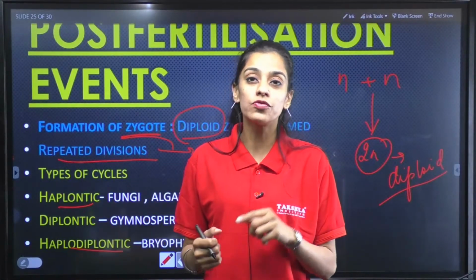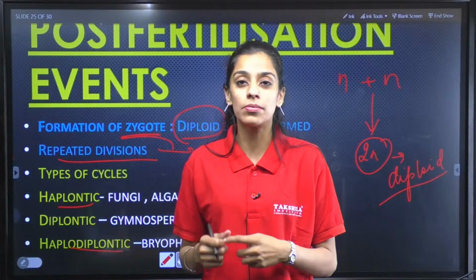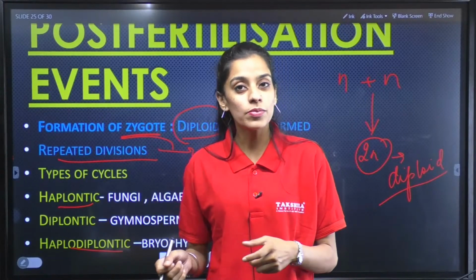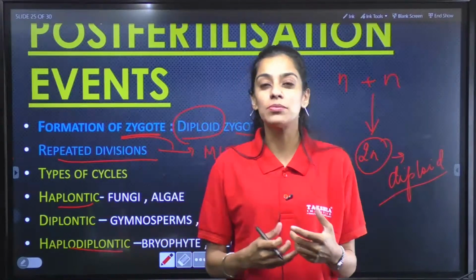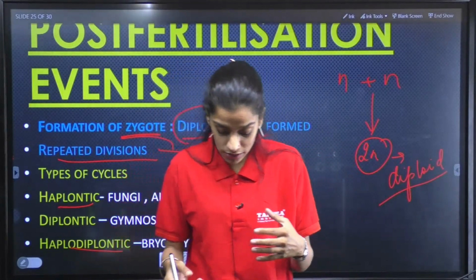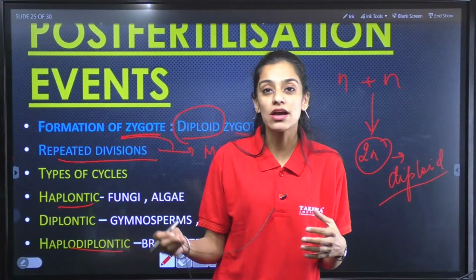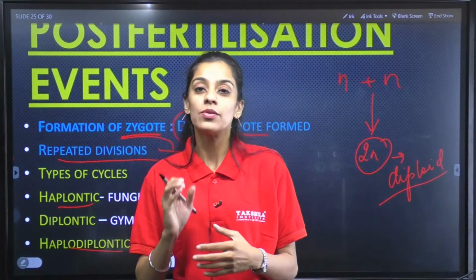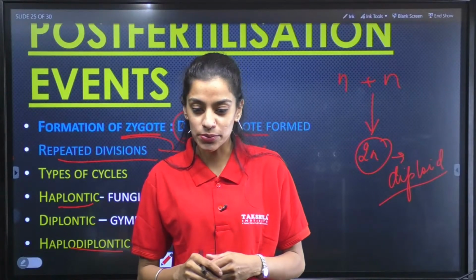The zygote then undergoes repeated mitotic divisions, forming a complete multicellular organism as we are. So every organism's life starts from a single cell, which is referred to as the zygote.